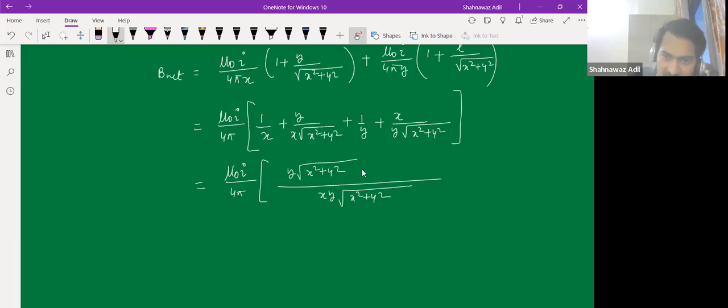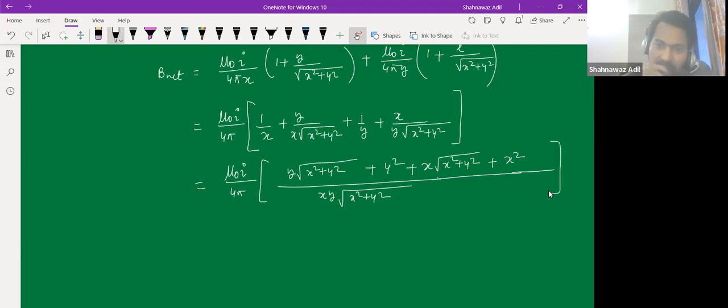And if I divide this, I will get y square. And if I divide this, I will get x square plus y square. And if I divide this by y, this is x square. So this is what I will get, right?